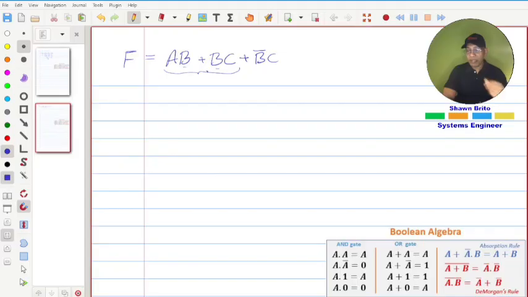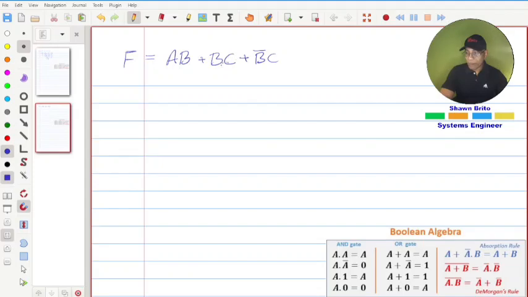If we take the b out, we'll have b with a plus c. The problem here is that a plus c doesn't make any difference; we have not really simplified this. So I'm not going to do it that way. I'm going to look for something else.